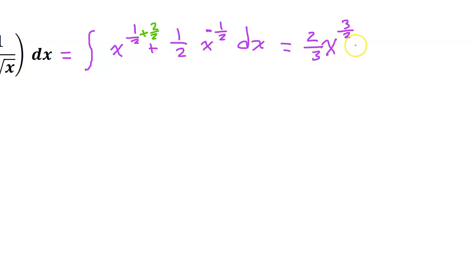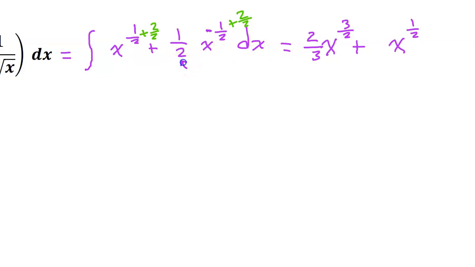We'll do something similar here. We will add 1 to the exponent. So again, I'm adding 2 over 2. So this is going to give me positive 1/2. So I'm going to get x to the 1/2 power, but then I have to divide by 1/2.